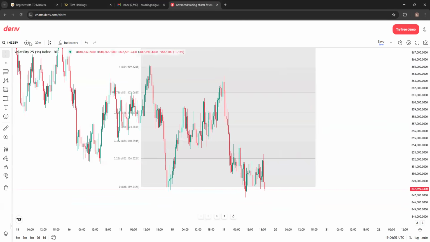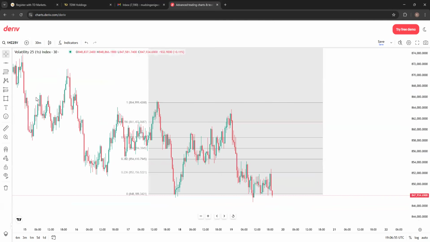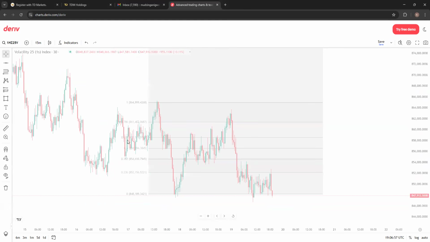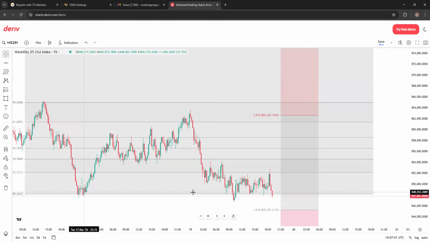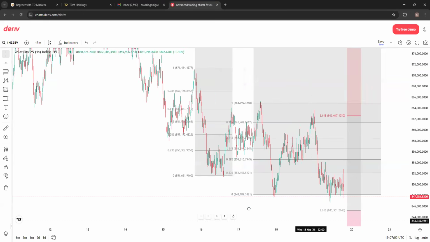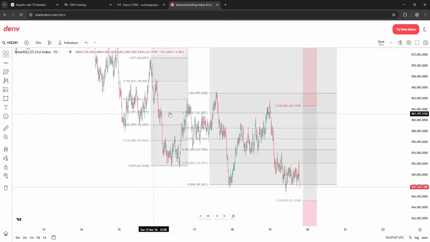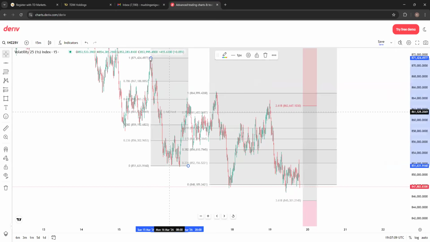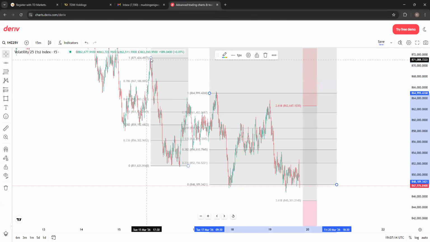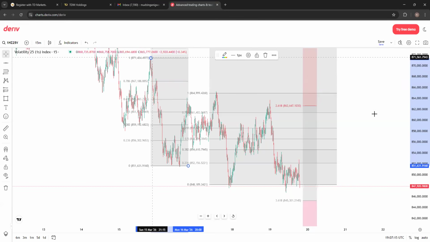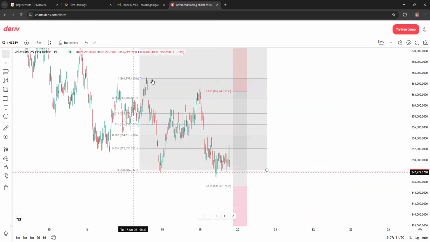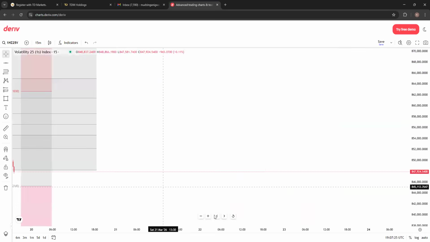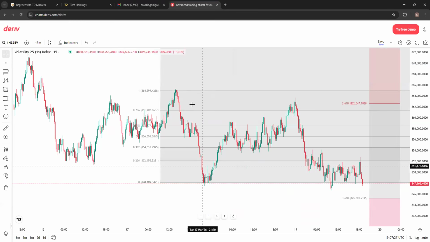Right. So for this particular one, let's shift to M15 and I'll show you something that you can see clearly. Let me remove this one, it might confuse you. So now what you see is we have our high and our low. What did price do?